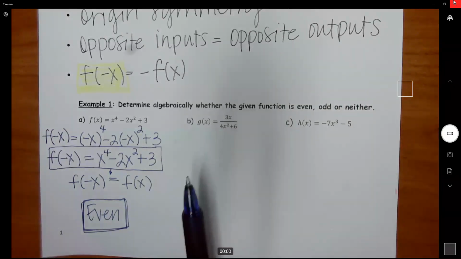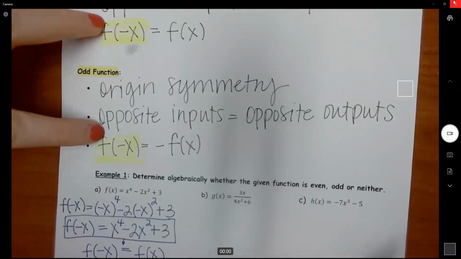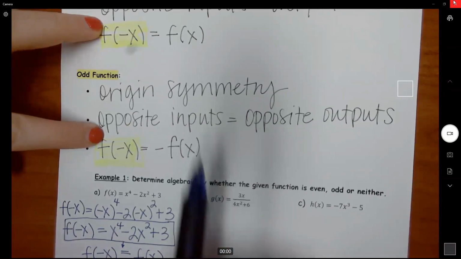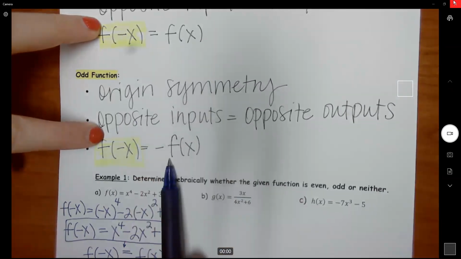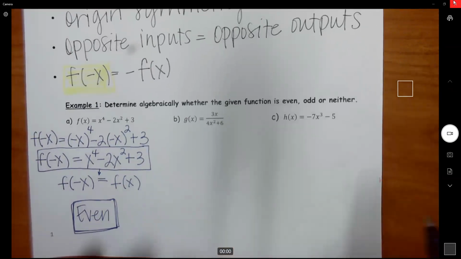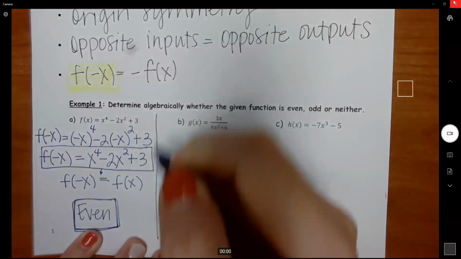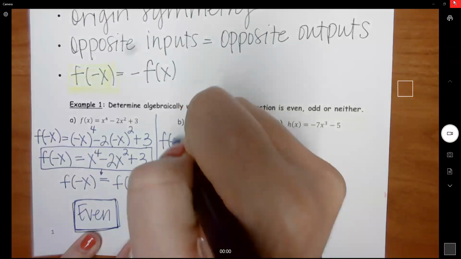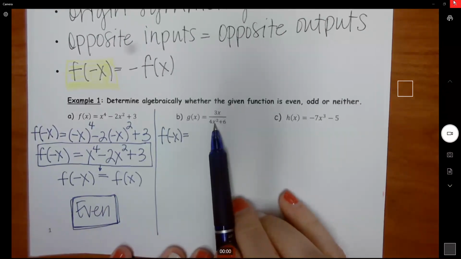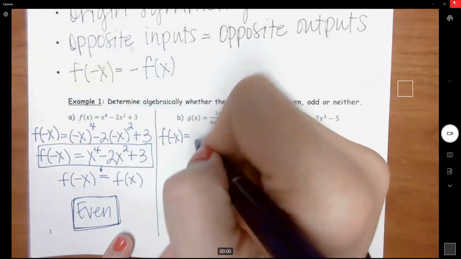Okay, let's do the same thing here. I'm going to plug in negative x for my x and see if I get the original, the negative version, or neither. So everywhere I see an x, I'm going to replace that with negative x.